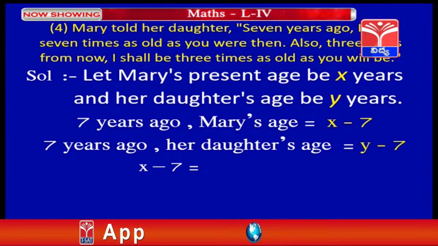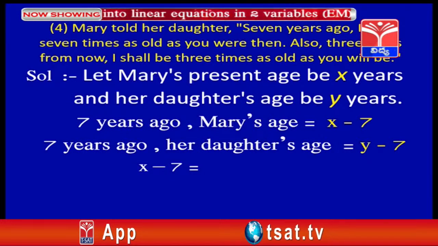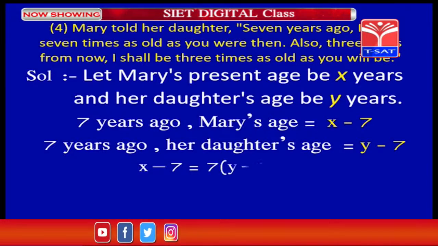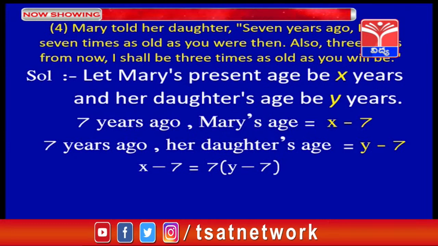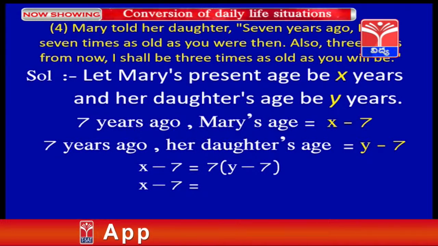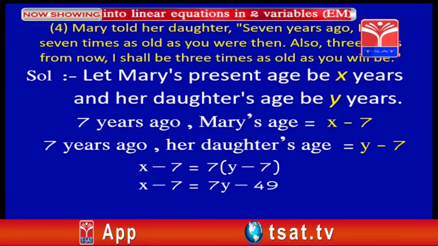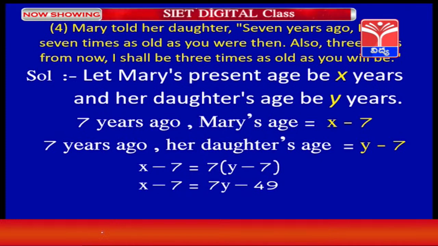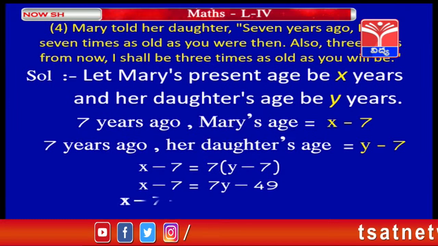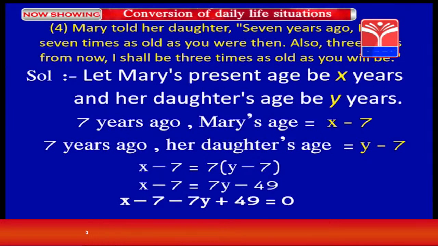From the first case, Mary's age is 7 times her daughter's age 7 years ago. Therefore, X minus 7 is equal to 7 into Y minus 7. By simplifying this, X minus 7 is equal to 7Y minus 49, since 7 sevens are 49. If 7Y minus 49 is transposed to LHS, it becomes X minus 7 minus 7Y plus 49 is equal to 0.